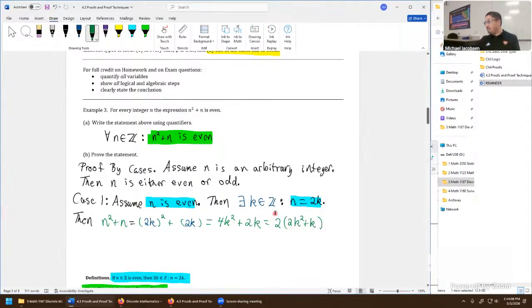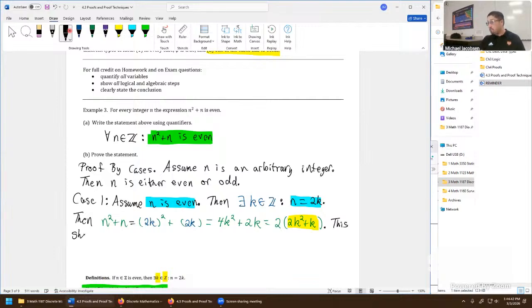We have something doubling what we know to be an integer because we started with k itself being an integer. So this line right here now tells us n squared plus n is in fact even. But let's focus on that. Even meant that this part right here was an integer and you're doubling it at the same time. Double any integer is automatically even is the logic with that equation. All we have to do is write down that conclusion.